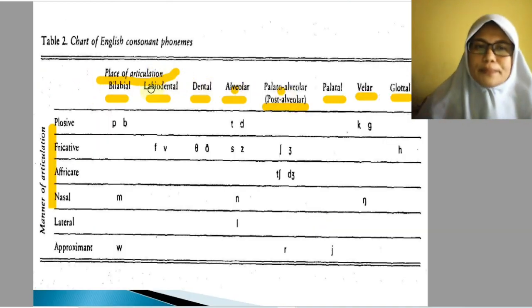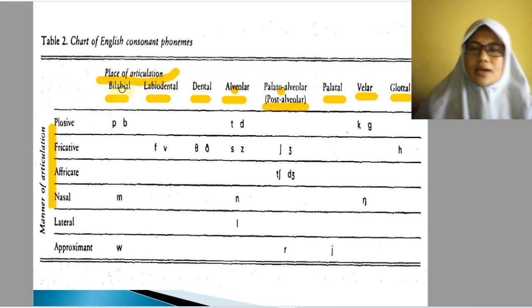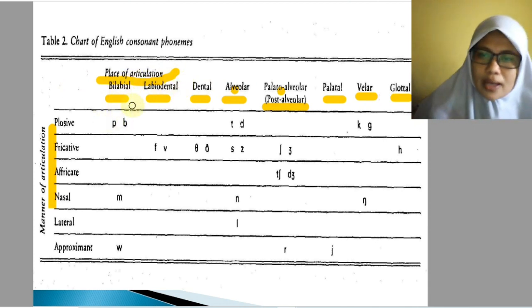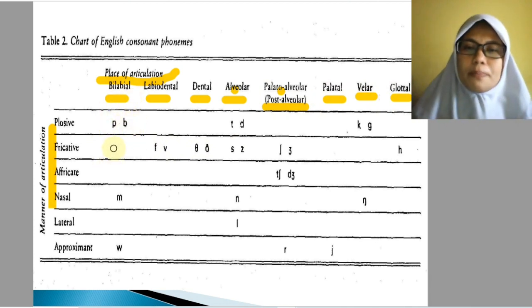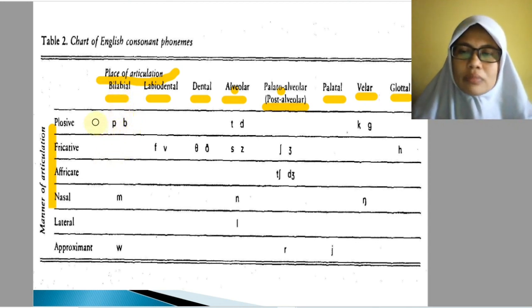Okay, this is the table place of articulation. I say just now bilabial, labiodental, dental, alveolar, palatal, velar, and glottal. There is words. If I can say p and b is the phonetics from bilabial plosive or plosive bilabial.